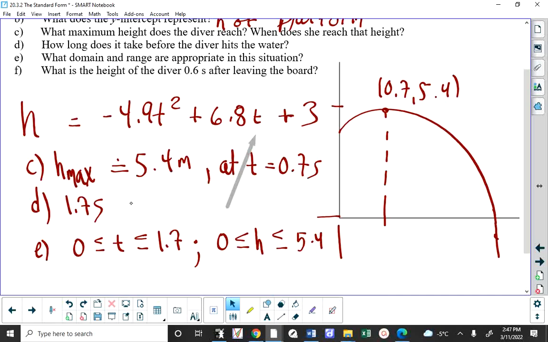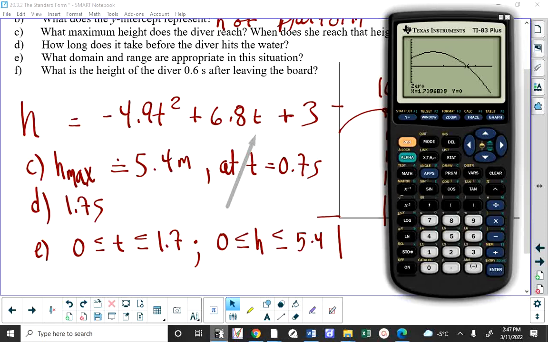But there's a very quick way to do it. On these calculators, if you know x and want to find y, all you do is go trace, enter the x coordinate, and then hit enter, and it will show you the y coordinate. It does that calculation for you. So 0.6 seconds after leaving the board, her height is 5.3 meters.